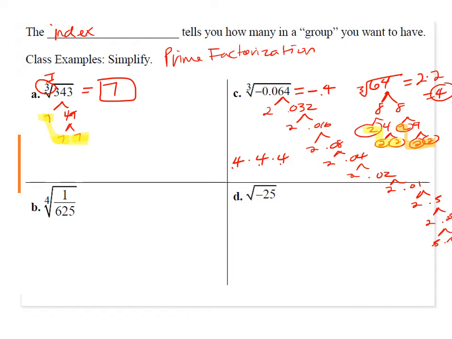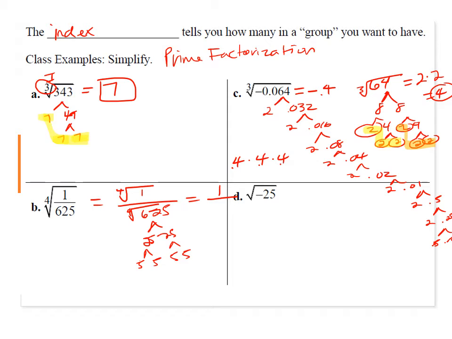Next here, when you're taking the root of a fraction, it means that you're taking the root of the numerator and the root of the denominator. The fourth root of 1 is super easy. It is 1. Now I have 625. Well, 625 can become 25 and 25, and 25 and 25 becomes 5 and 5.